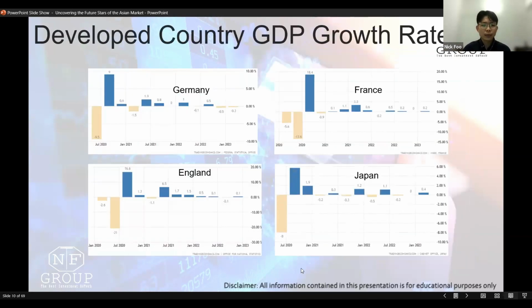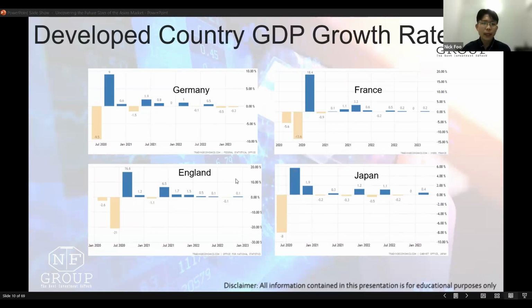And if you look at developed country GDP, such as Germany, everyone knows that economy-wise, Germany is the biggest economy in the European Union. If you look at Germany's GDP growth rate, it's also bumpy and very choppy, like the US GDP.